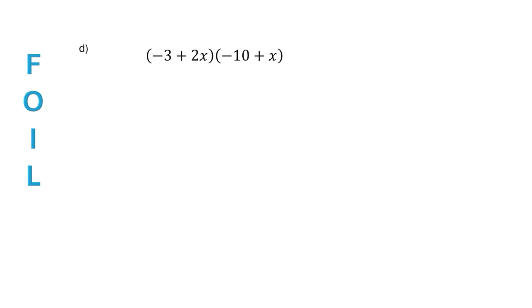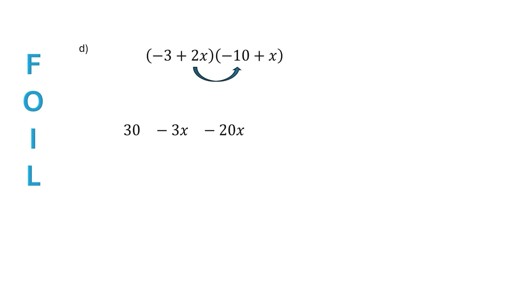Question D is negative 3 plus 2x times negative 10 plus x. Our first terms, negative 3 times negative 10 gives us 30. The outside terms, negative 3 times x is negative 3x. Our inside terms are 2x and negative 10, gives us negative 20x.